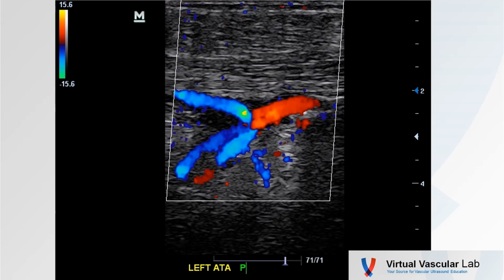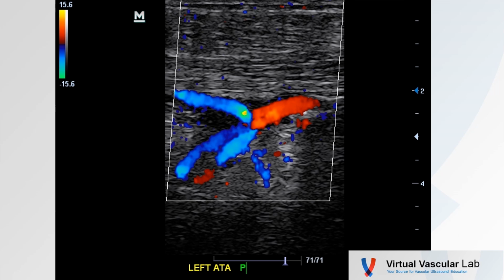Now, I usually like to evaluate the tibial peroneal trunk from a posterior approach or posterior lateral approach. However, again, this patient was somewhat uncooperative. I wasn't able to see it very well. I roll him back over. I look at the origin of the anterior tibial, just lateral to the tibial tuberosity. Wow, check this out.